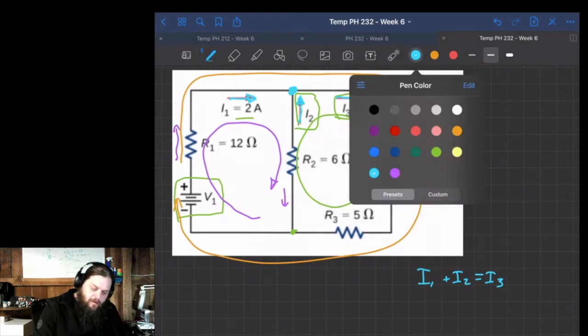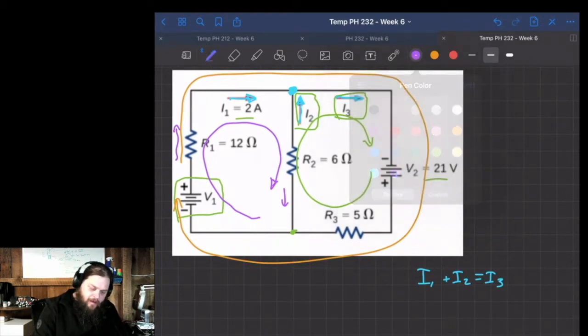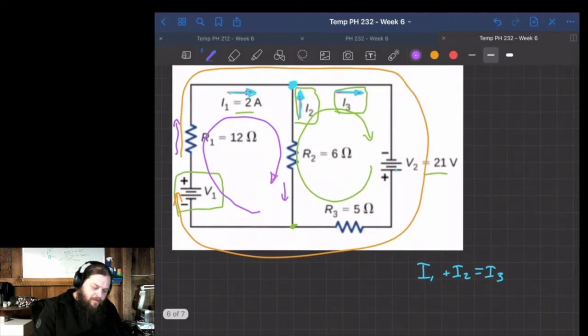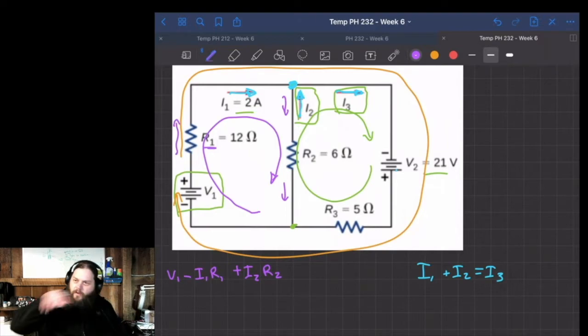For the purple loop that I defined, I can start at V1 and say V1 minus I1 R1, that's this value here, plus, going down this way, I2 R2, because the direction of our loop is opposite to the direction of our current.